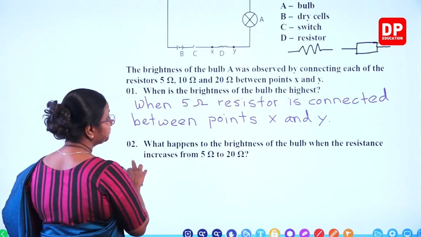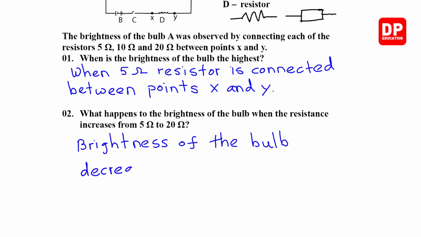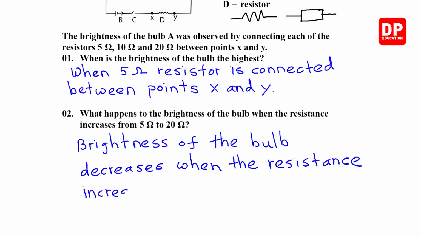We can say, brightness of the bulb decreases when the resistance increases from 5 ohm to 20 ohm.